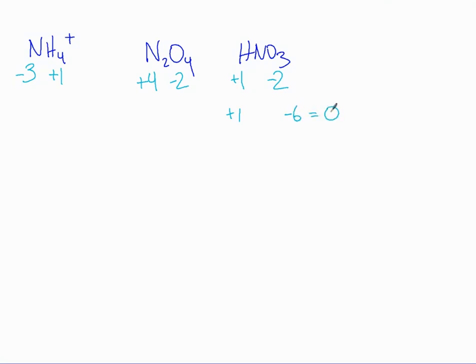And so we're looking for, basically solve for X if you have to do it this way. And so we find that X equals 6 minus 1. It's plus 5 in this example. Oxidation number of nitrogen is plus 5.